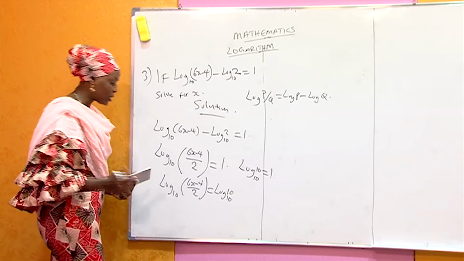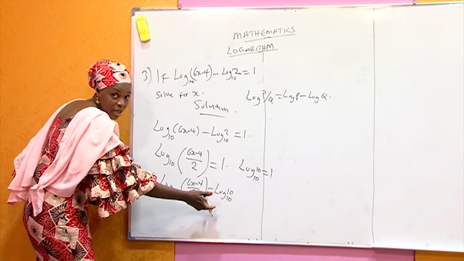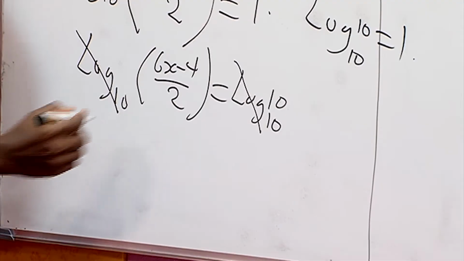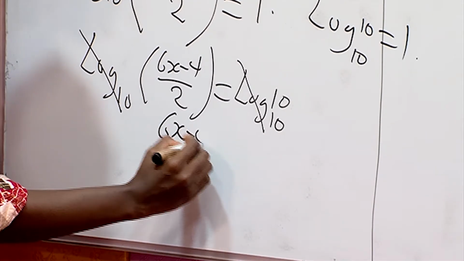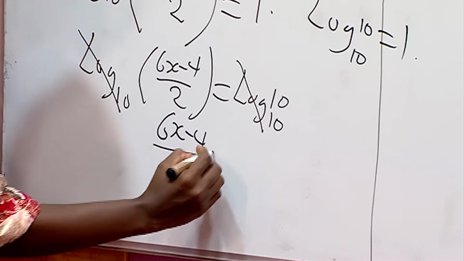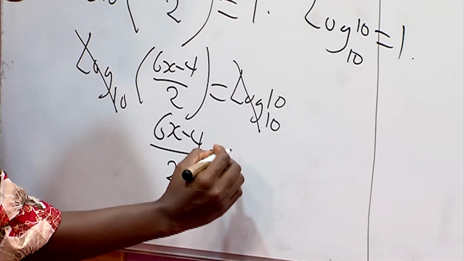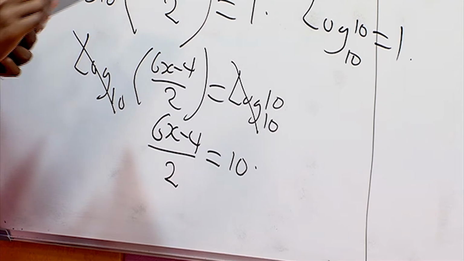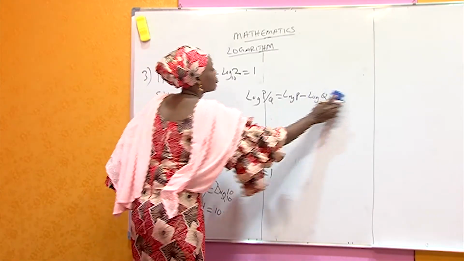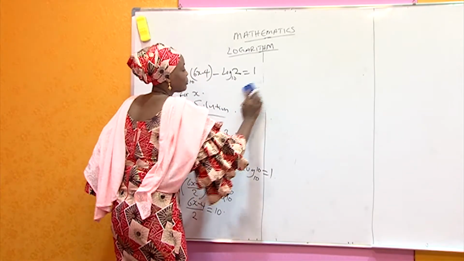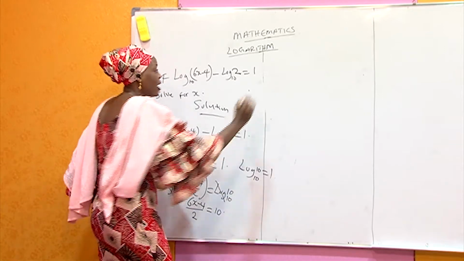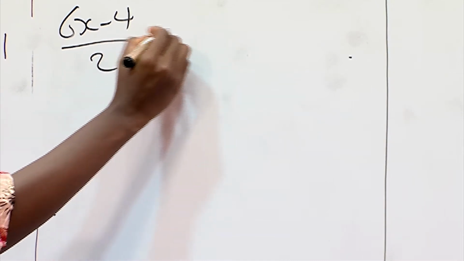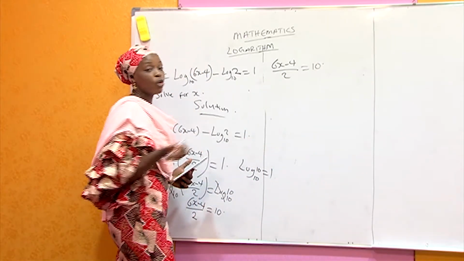So moving forward, when you have your logarithm to be the same, you cancel your log and equate the values. So we have 6x minus 4 over 2 equals 10. You cross multiply.